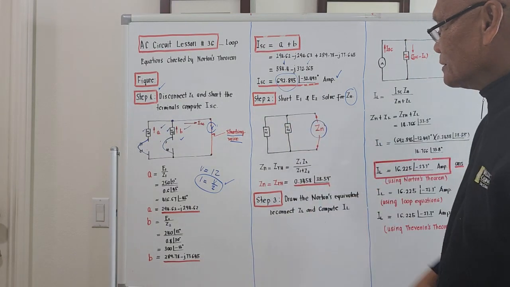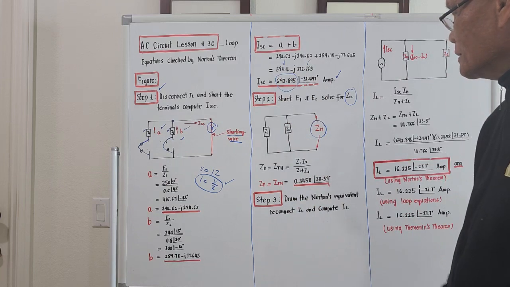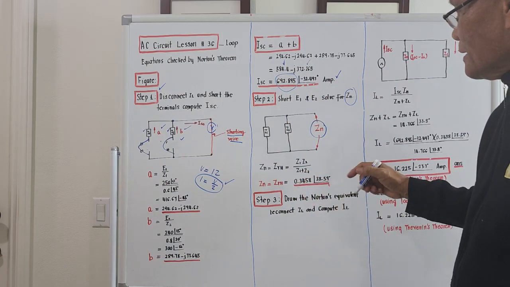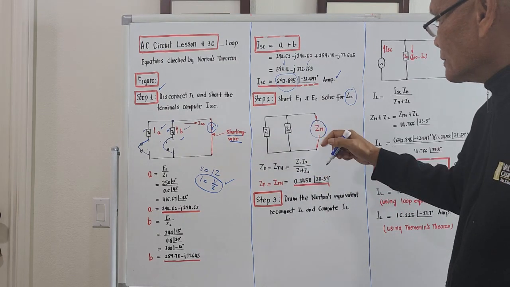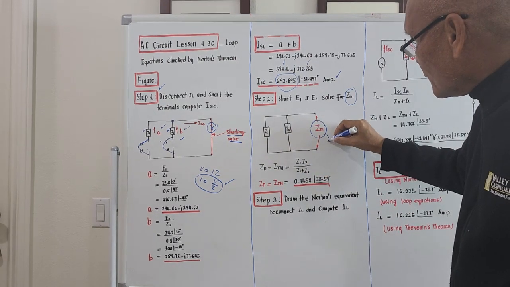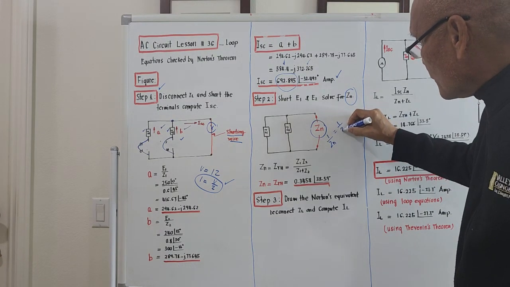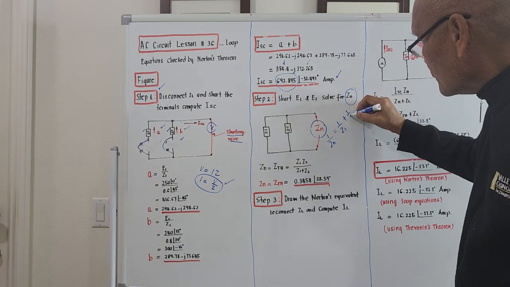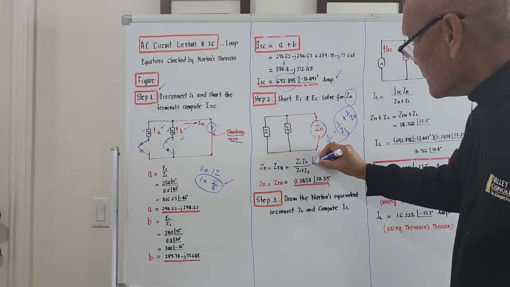And as you can see, the connection of Z1 and Z2, they are in parallel. So, in parallel, it should be the product all over the sum if there are only two. It emanates from the equation 1 over ZN equal to 1 over Z1 plus 1 over Z2. And if you simplify this, it should be this.